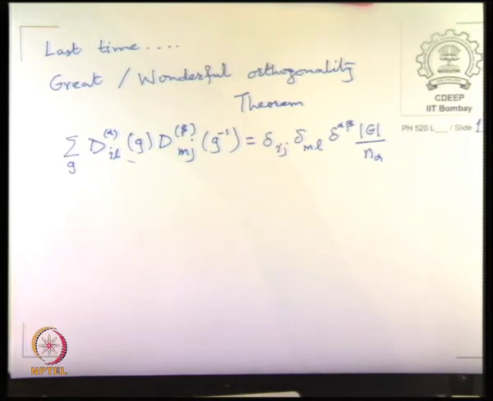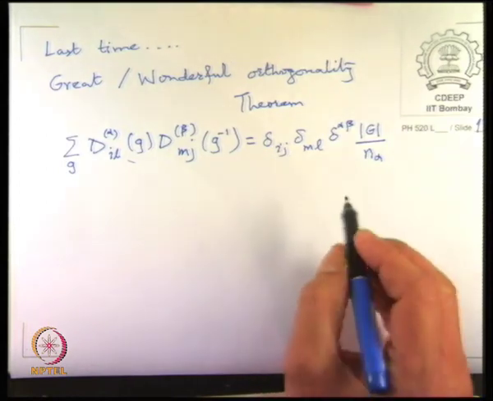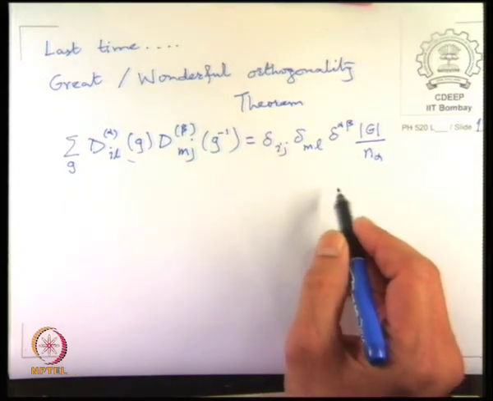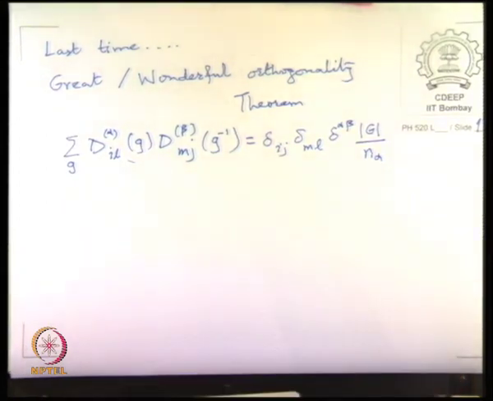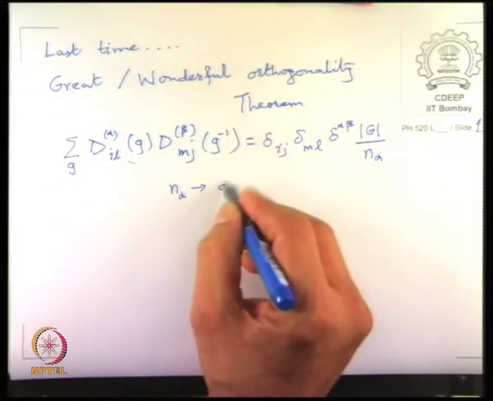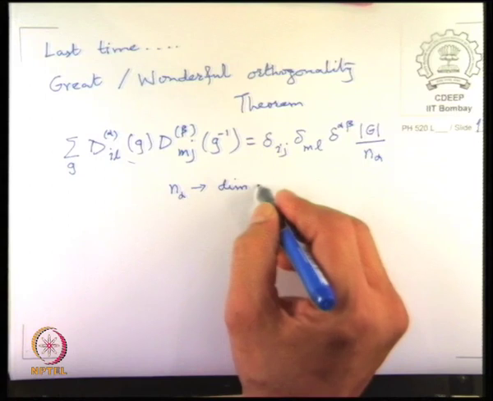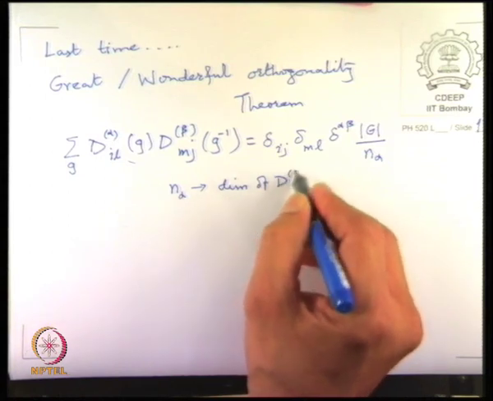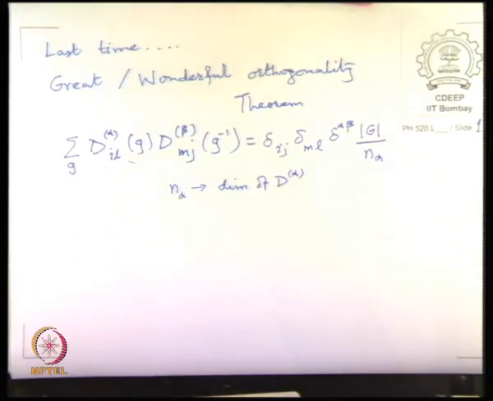So, where n alpha is the dimension of the representation alpha. And by that we mean that the D alphas are n by n matrices.